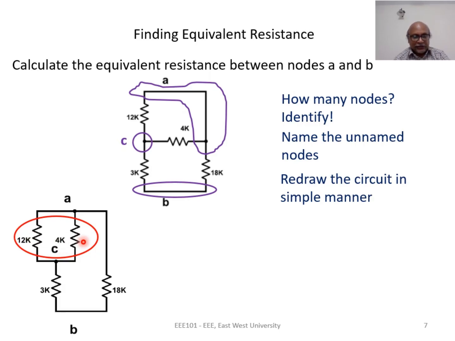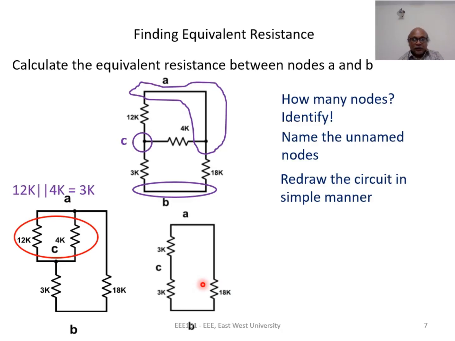So if two resistances are in parallel, we can combine them. We have learned how to combine two resistances in parallel, and the equivalent is 3K. So the two resistances can be replaced by a single 3 kilo ohms resistance between node A and C. So the circuit is simplified in this manner.